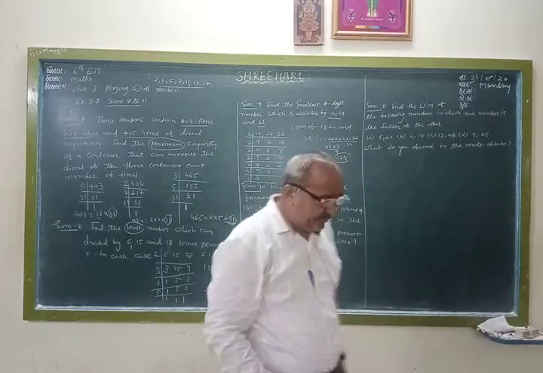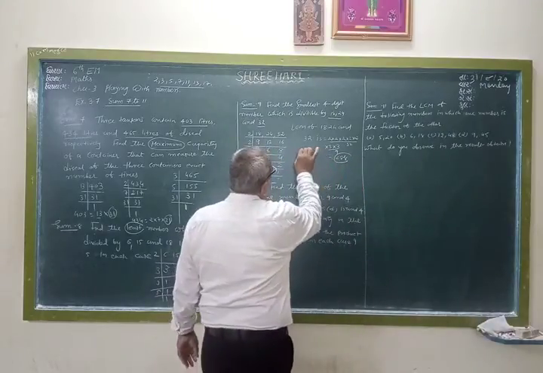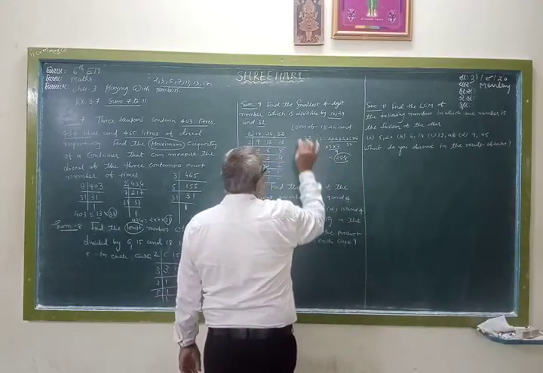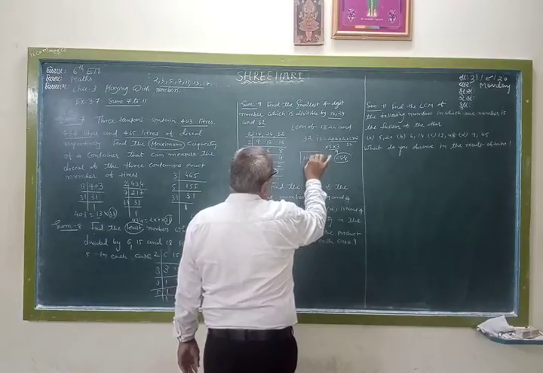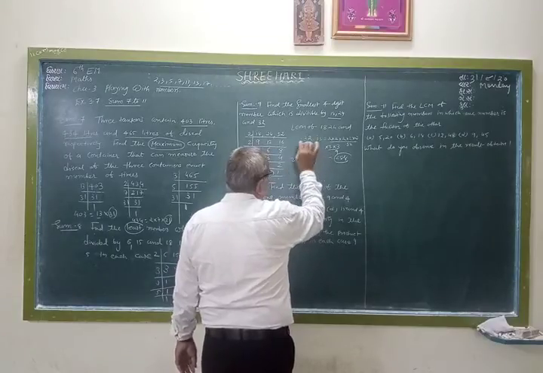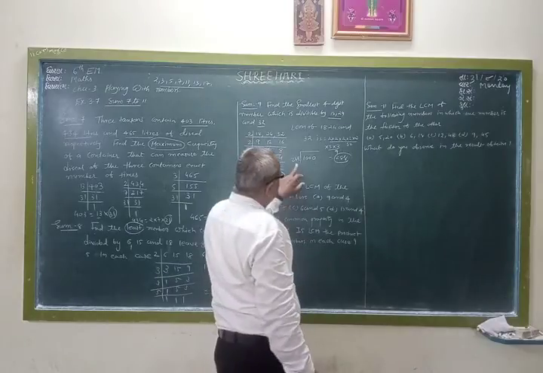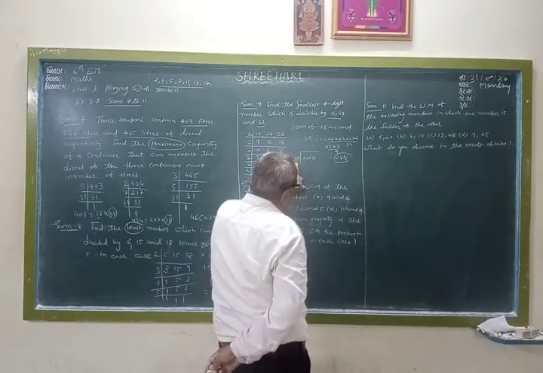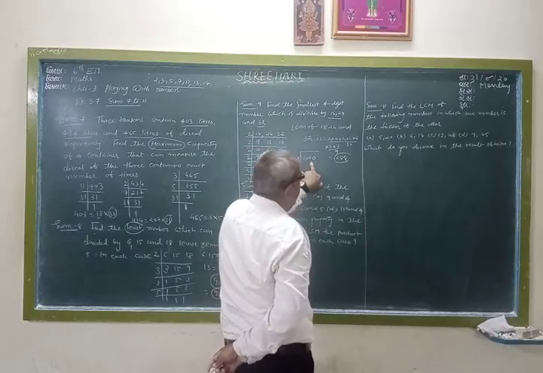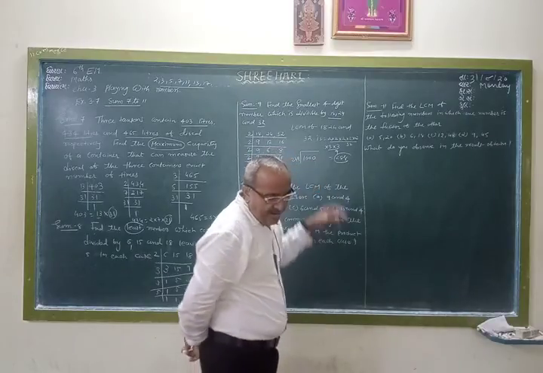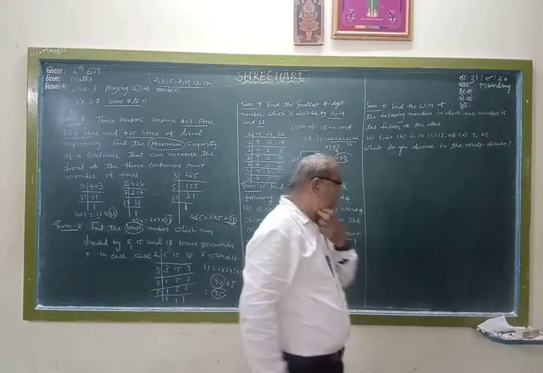Now 288 and the smallest 4-digit number 1000. So 1000 is divided by 288. Friends, suppose here roughly 300. So 3 times 3 is 9. So we can divide it by 3. So now 3.